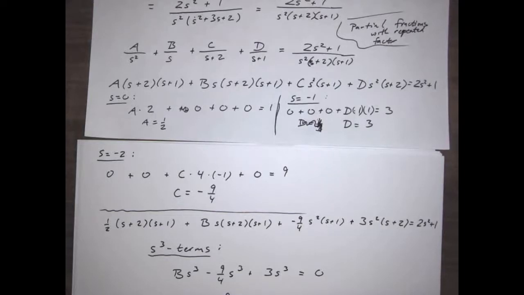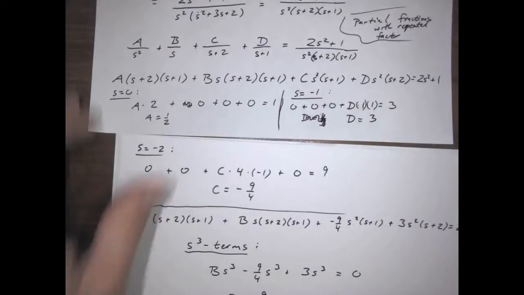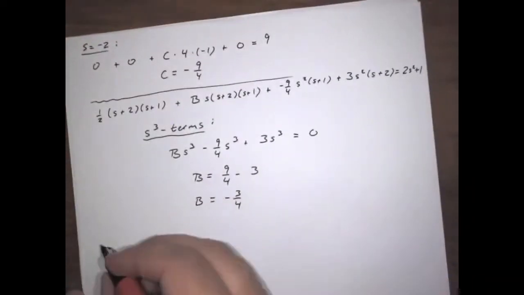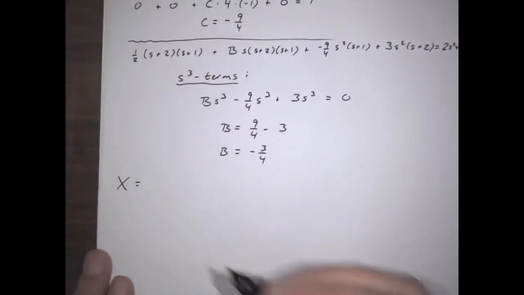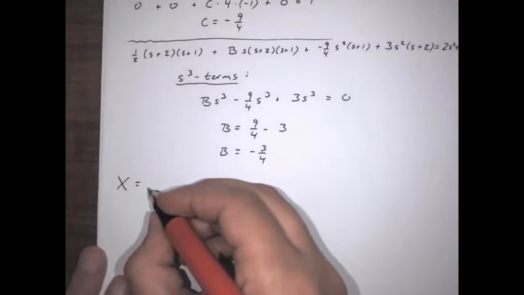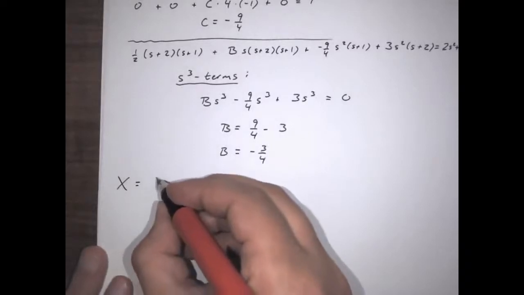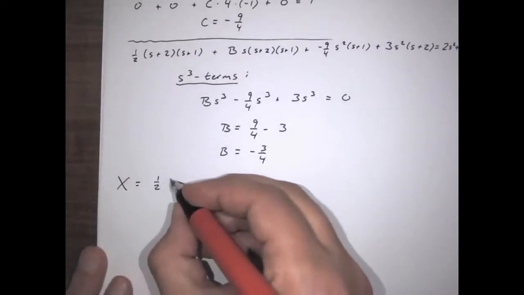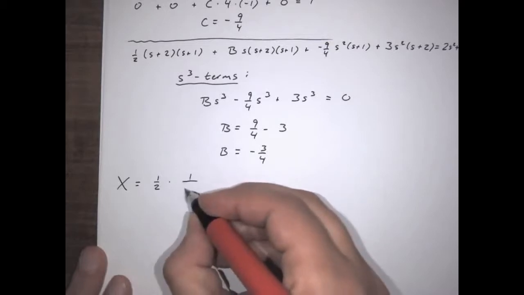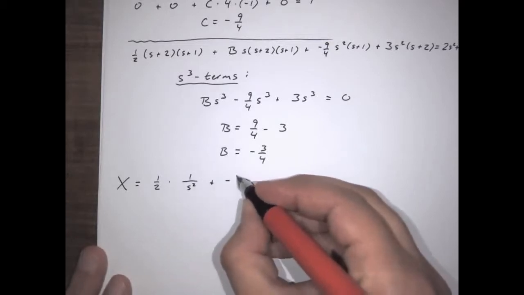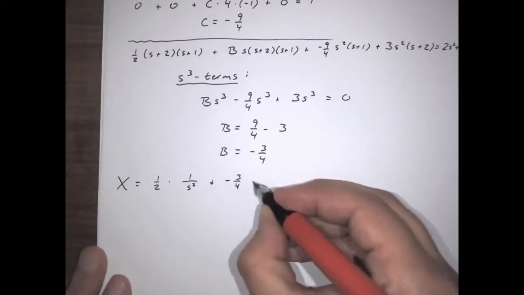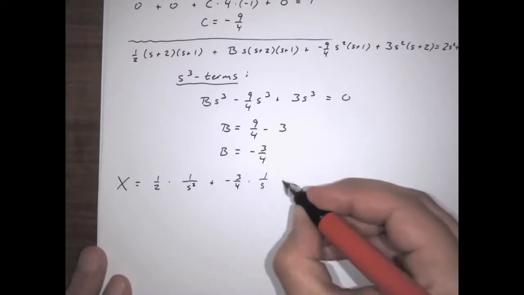So that is going to be the b. And then if we put the pieces together to now express x, the capital X, in terms of the pieces, a was 1/2, and that was equal to the coefficient of the 1/s squared term. b is negative 3/4, and that's going to be the 1/s term.